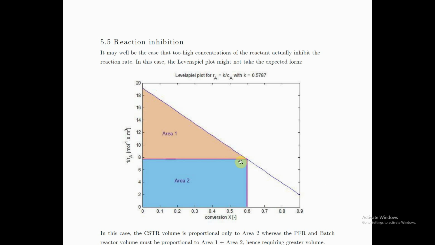And here you can see the area under this curve is actually more than the area for the CSTR. So the CSTR is just the 1 over R value multiplied by the conversion itself. So the 1 over R value times the conversion, that's proportional to the volume. So in this kind of strange case, your CSTR can do better than the PFR and the batch reactor.